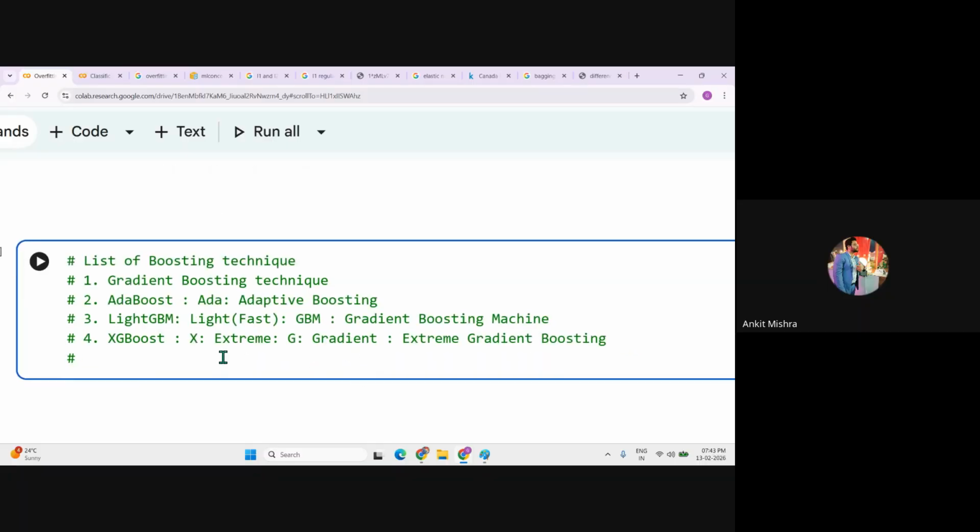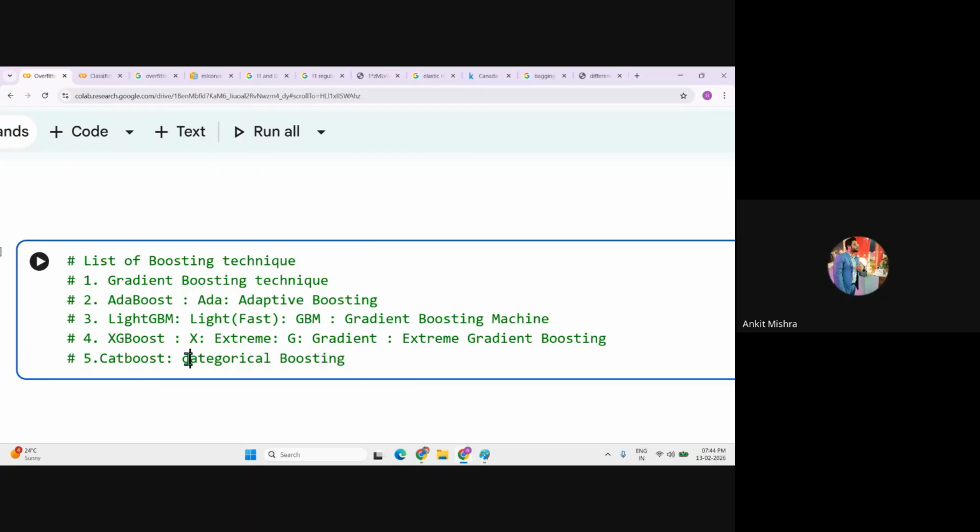Now you know we are getting gradient boosting again and again: here we are getting gradient boosting, in LightGBM we are also getting gradient boosting, and in extreme gradient boosting or XGBoost we are again getting gradient boosting. The fifth one is CatBoost, and we generally use this for categorical boosting.